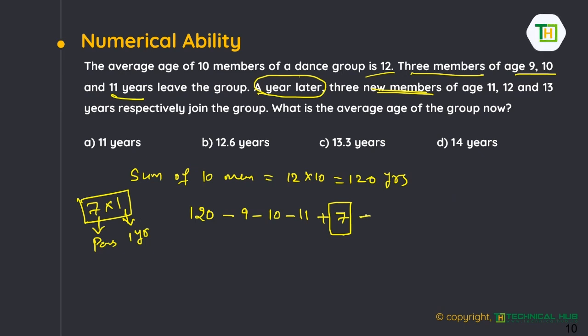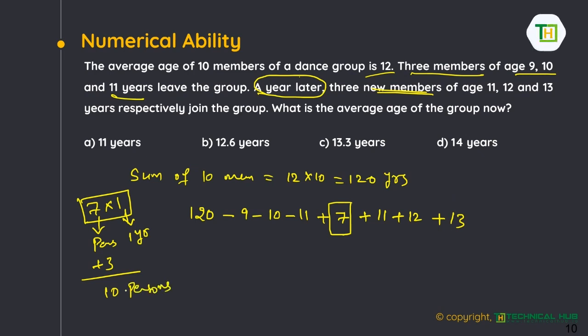Now, additionally, after 1 year, 3 new members joined. Their ages are 11, 12, and 13. We just add those values. After adding the new persons, the number of persons is again back to 10 members, right?